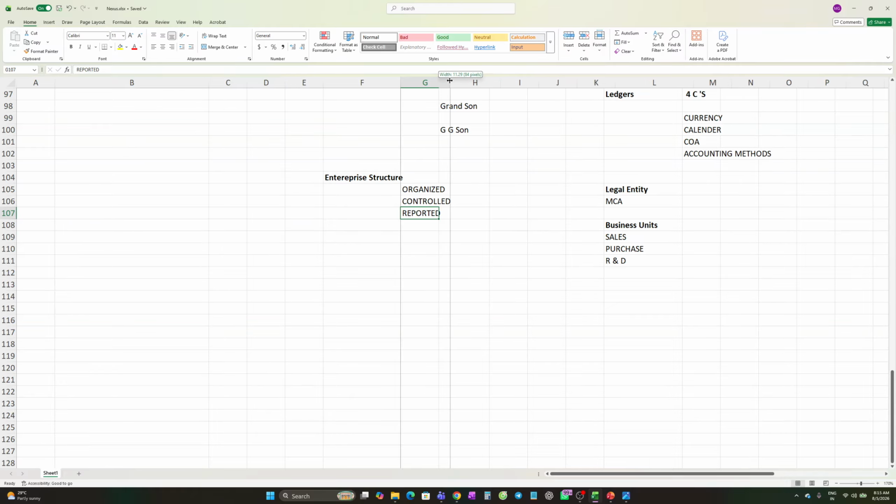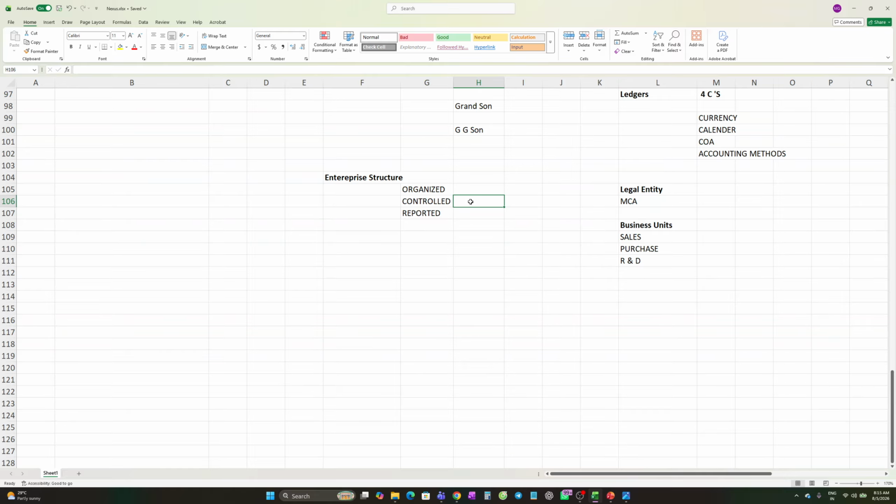For mnemonic purpose, I am giving an OCR here. OCR.